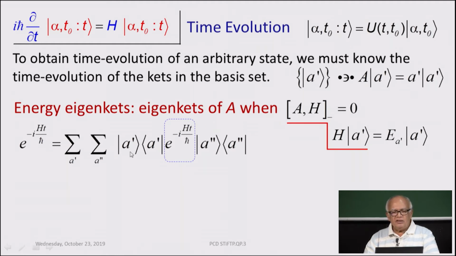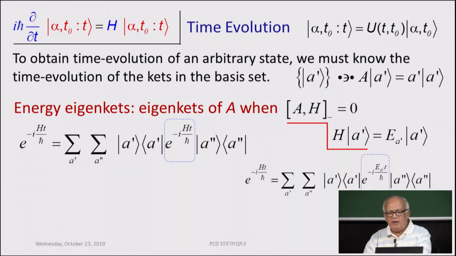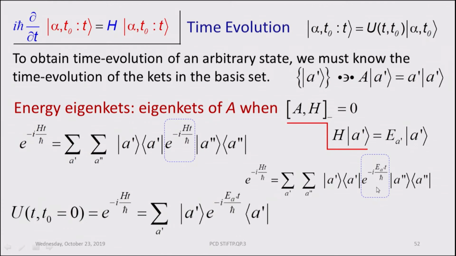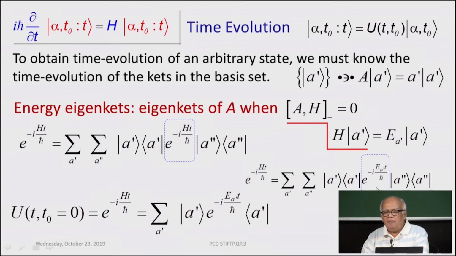So this is the resolution of the unity that you can see explicitly in play, and you notice that because these are energy eigenkets, A double prime is an eigenket of this operator belonging to the eigenvalue E A double prime, and then it does not matter where you write this, and then from the orthonormality of A prime and A double prime, this double summation contracts and you get this result.